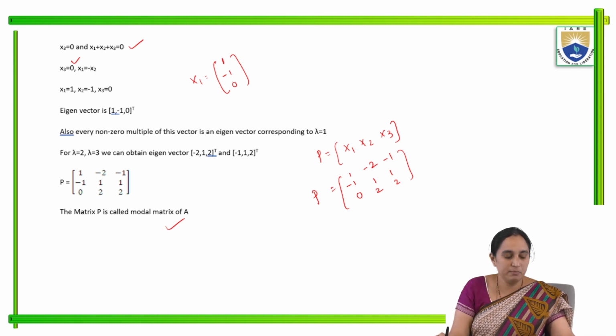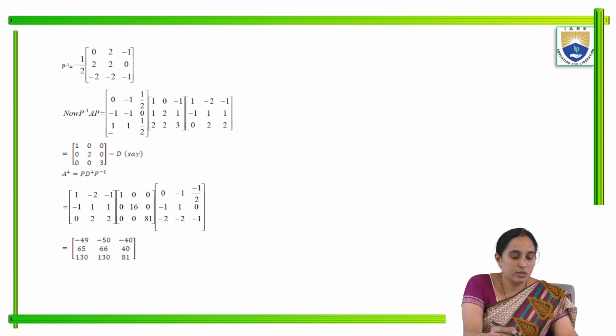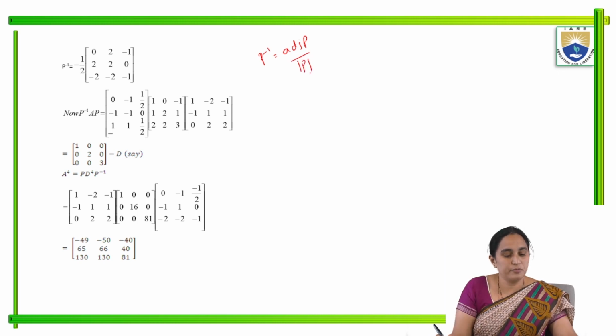After getting the model matrix, next we find P inverse. The form of P inverse is equal to adjoint P by det P. For that, first of all, we have to find the det P value for the P matrix and the adjoint of P. The same concept we already discussed in the last problem.